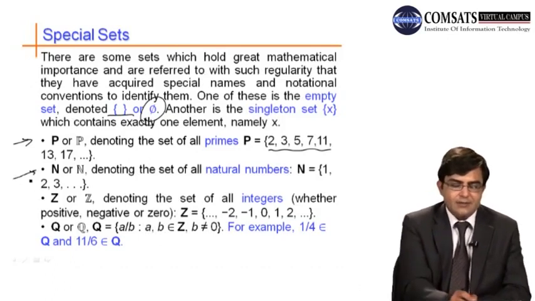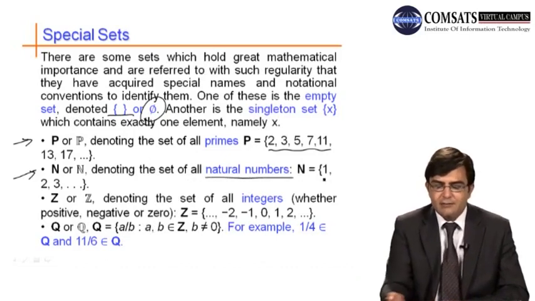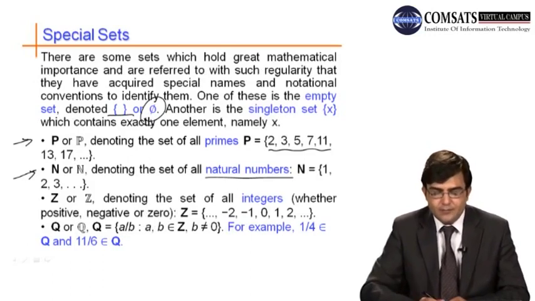Similarly, you can take up the capital N, the set of natural numbers, which is always denoted by capital letter N, and this set contains 1, 2, 3 and so on.